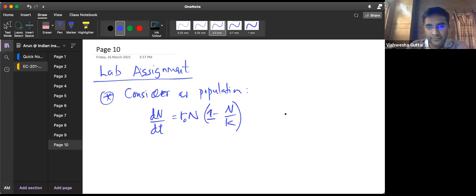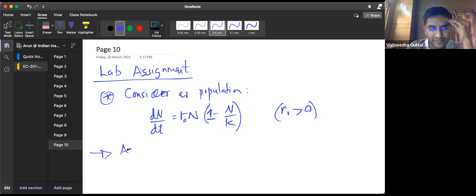Is it fine? With r0 greater than 0. So there is some population that satisfies this model, okay? And it is currently, let us say, in equilibrium, and that particular point is not very important, okay?